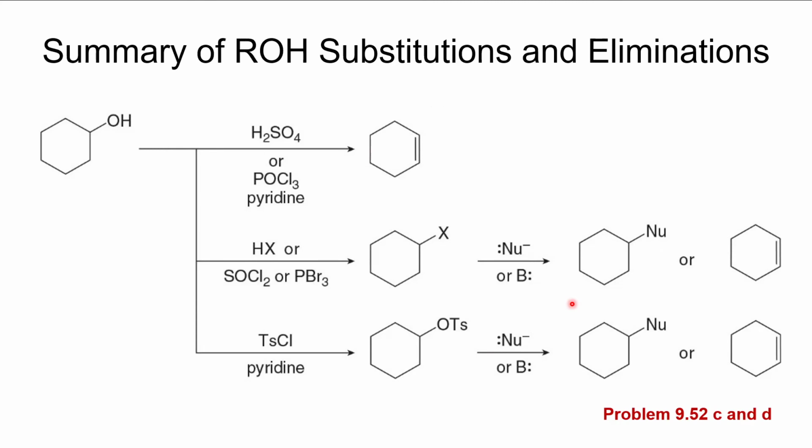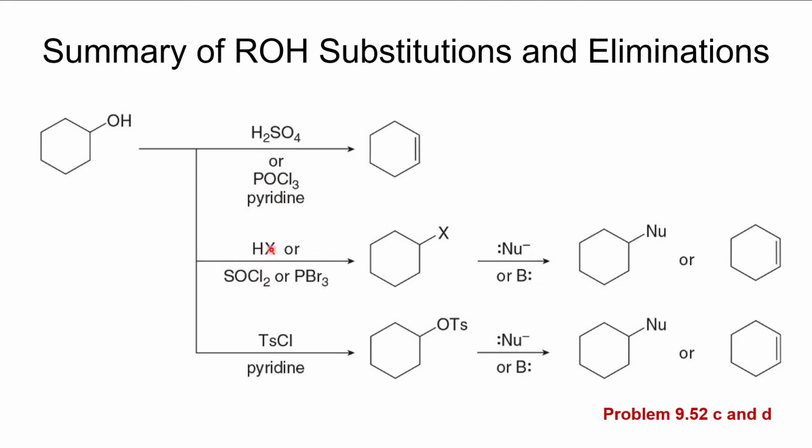Okay, so now we want to look at all the reactions, eliminations and substitutions, that we can do. This is sort of a summary of all the things that we've talked about in the last couple of sections. Sulfuric acid or the POCl3 and pyridine will give us elimination reactions.